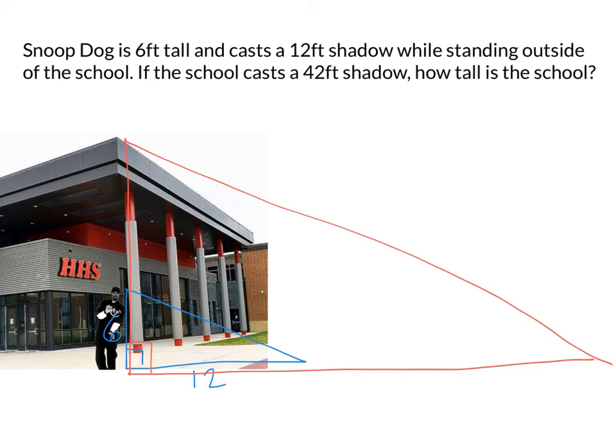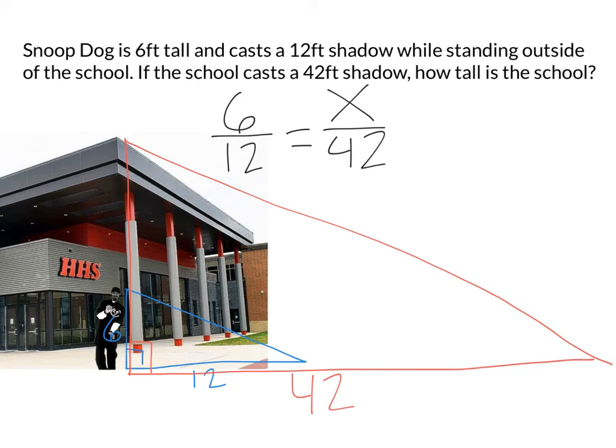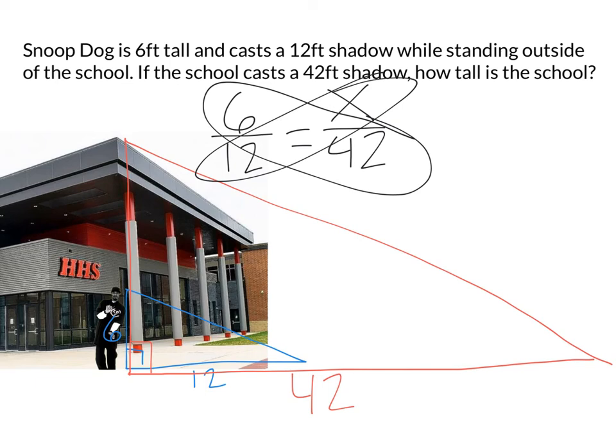Well, if this right down here is 42 feet, I can set myself a proportion. Similar figures. The height of Snoop Dogg to the length of his shadow is equal to the height of the school to the length of its shadow. And I can just go ahead and cross multiply. 6 times 42 is 252.